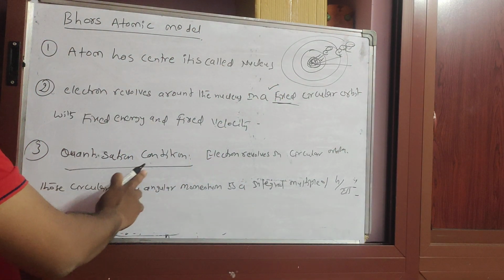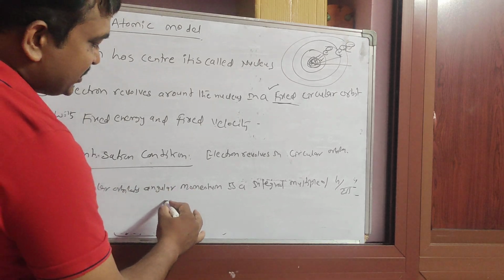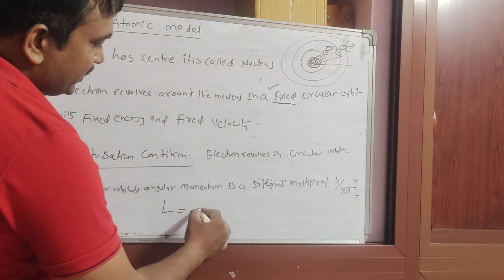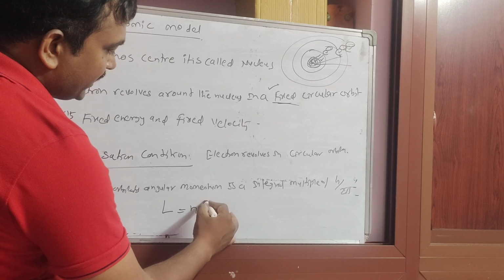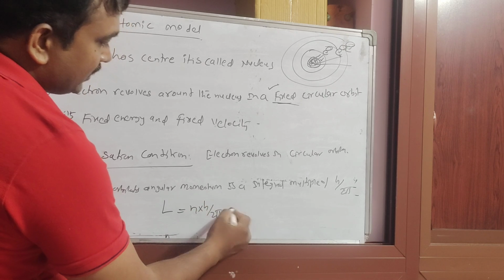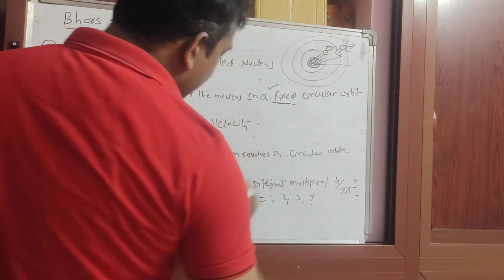But in the case of the quantization condition, the angular momentum, denoted by L, is equal to an integral multiple of h by 2 pi, that is, n h by 2 pi, where n is equal to 1, 2, 3, 4 and so on.